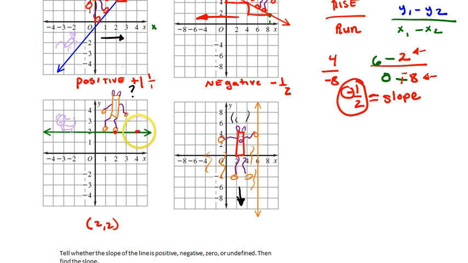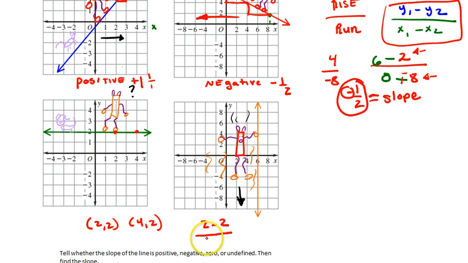And this one would be (4, 2). If we use this, we should be able to figure out that 2 minus 2 over 2 minus 4 would give us the slope of this line. What does that give us? That gives us 0 over negative 2.